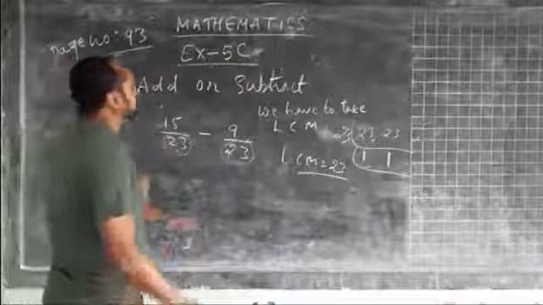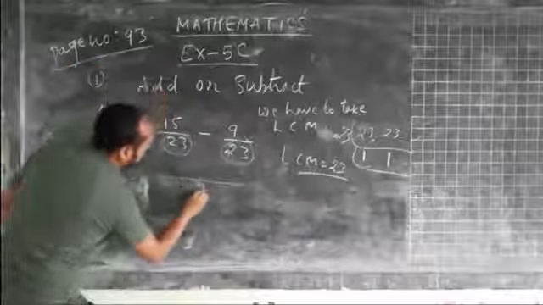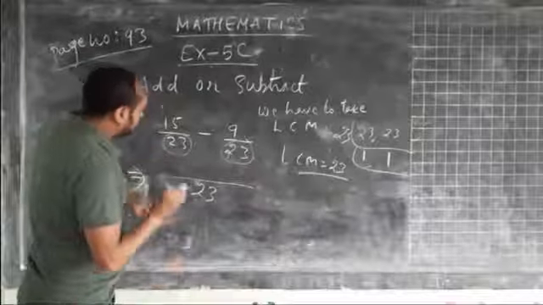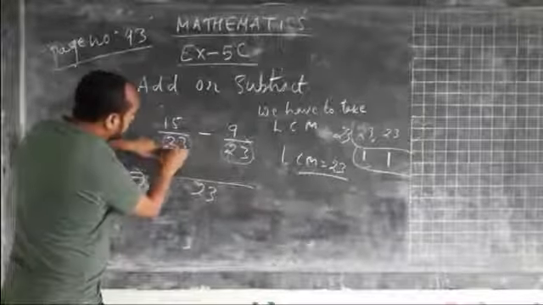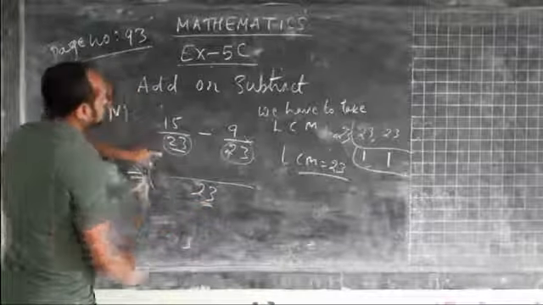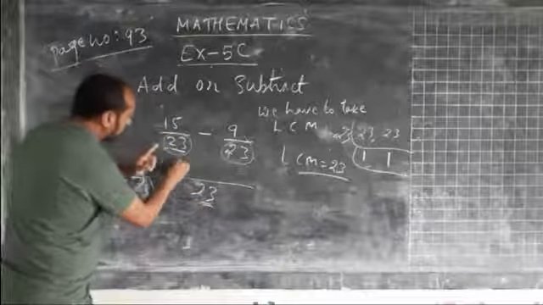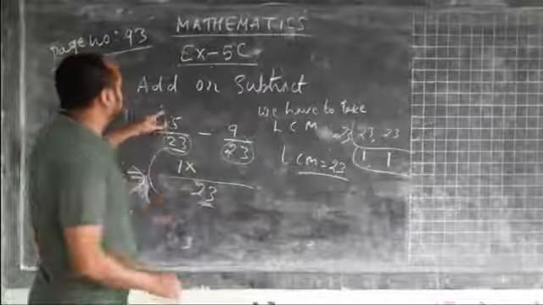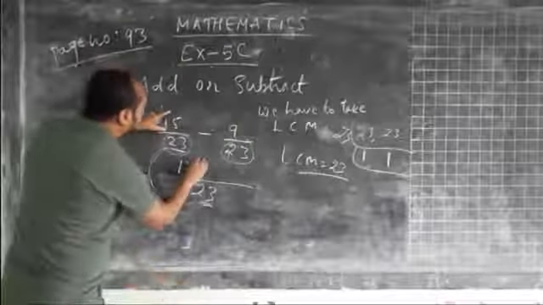Now if LCM is 23, you can write 23 here. Next you will divide this denominator by this LCM. When we divide 23 by 23, it will go one time into whatever we have in the numerator, we have to write it.